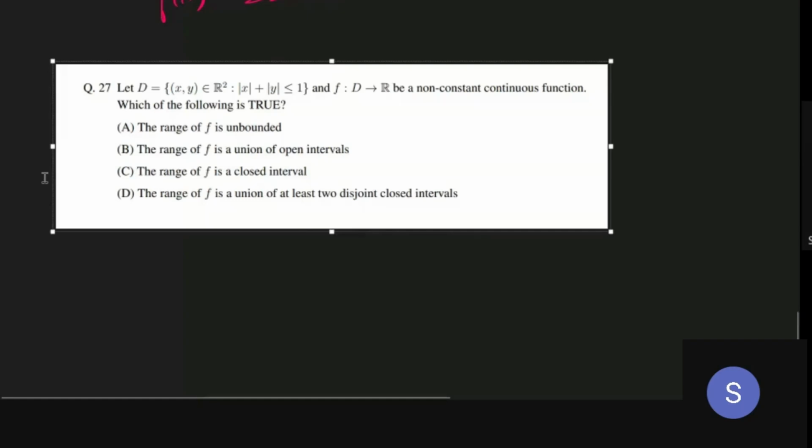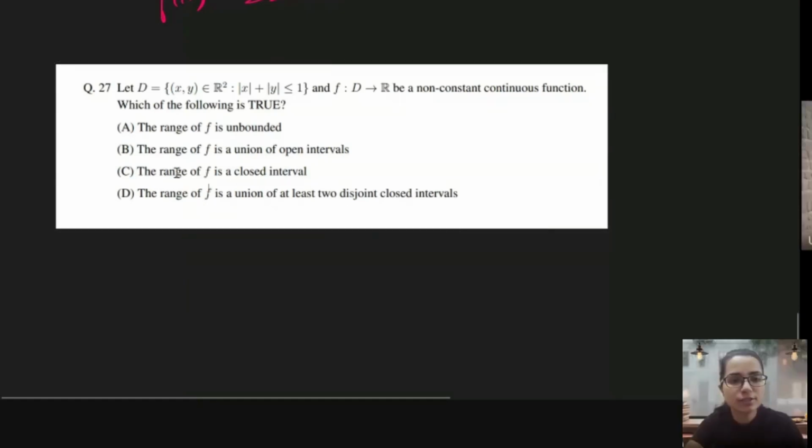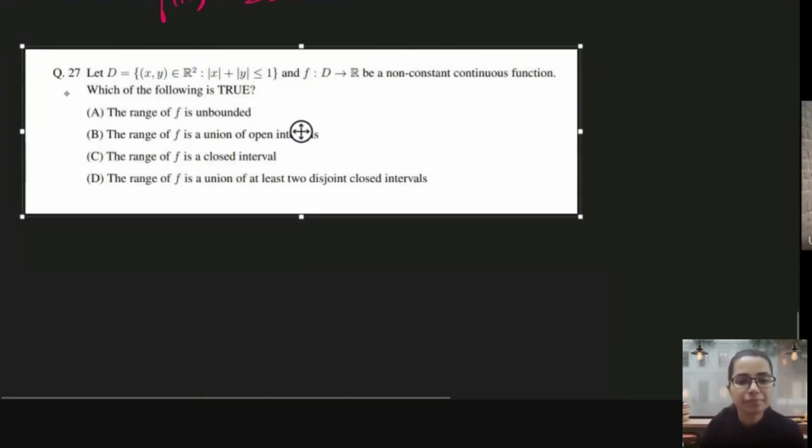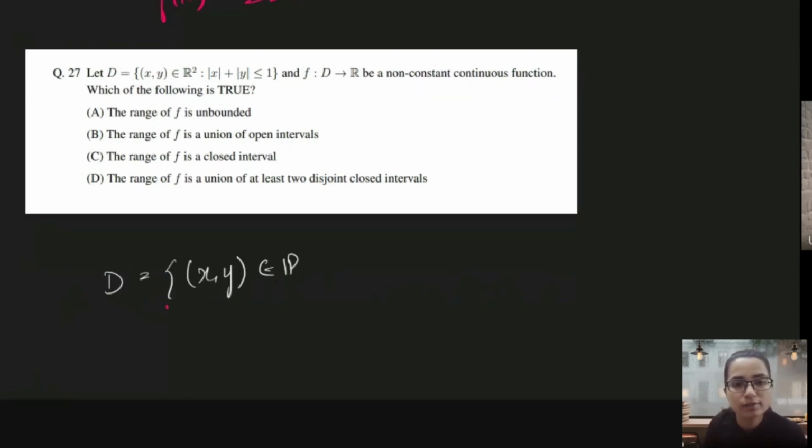So very good. This is a very easy question. Let's discuss this one now. I hope you have tried it. In this question, we have been given a domain, x, y belongs to R square, such that mod x plus mod y is less than or equal to 1.